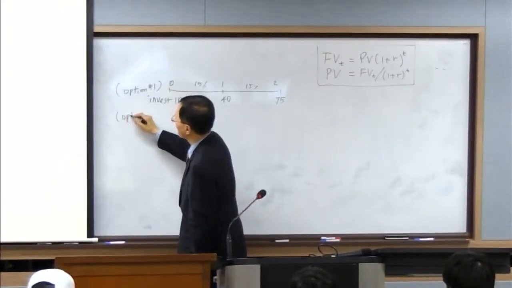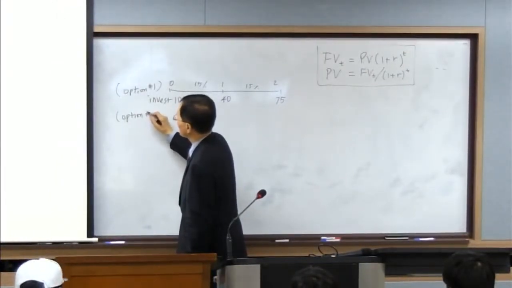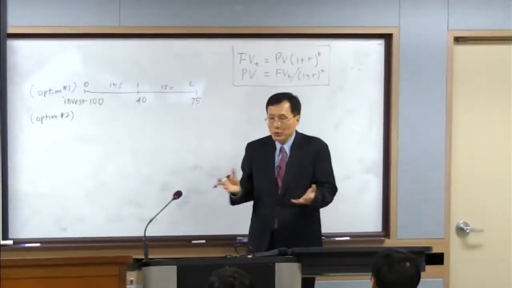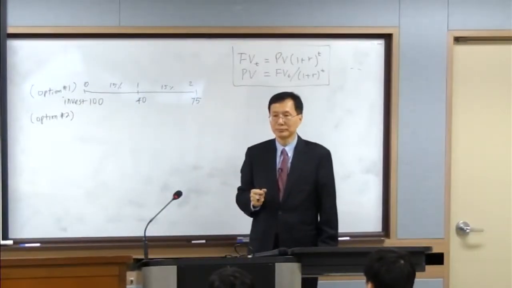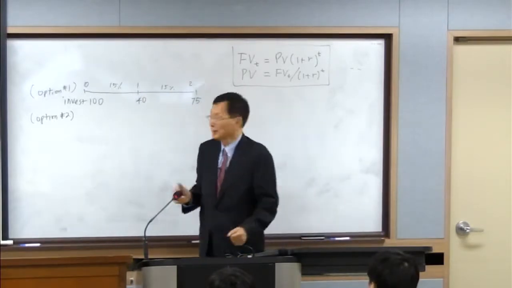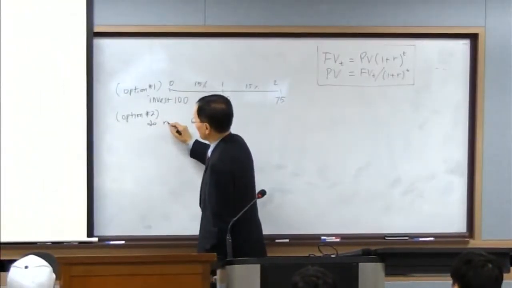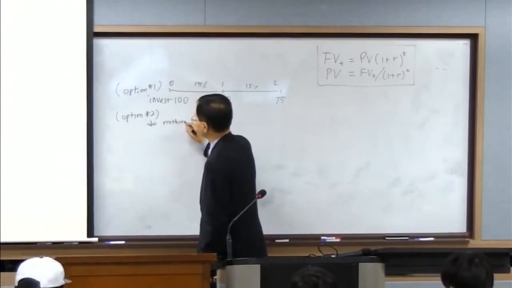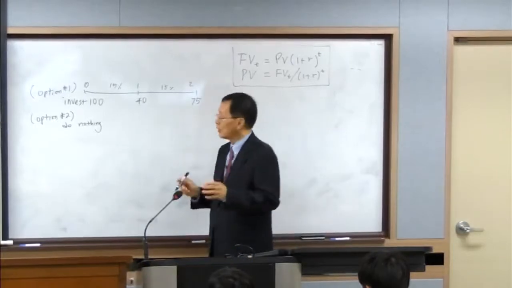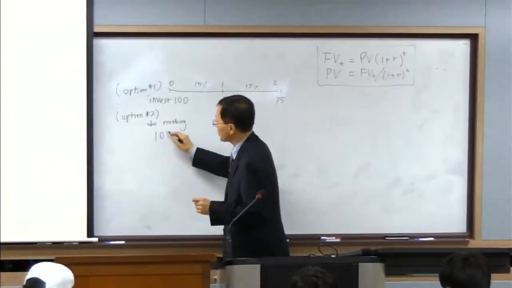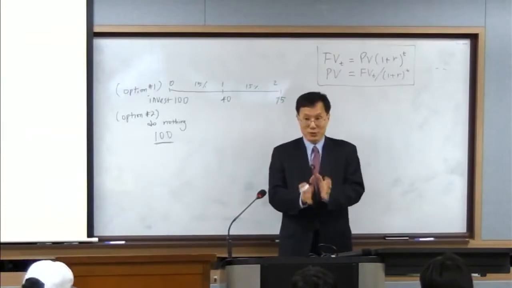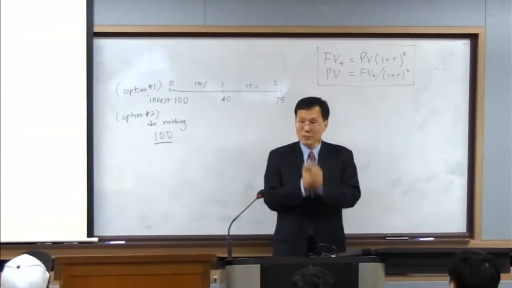Alternative to that, let's call it option number 2. If you don't invest, what do you do with the money? Just do nothing, okay? So do nothing. If you don't do anything, then your $100 will stay with you, right? That $100 will be staying with you. That's present value of 100.